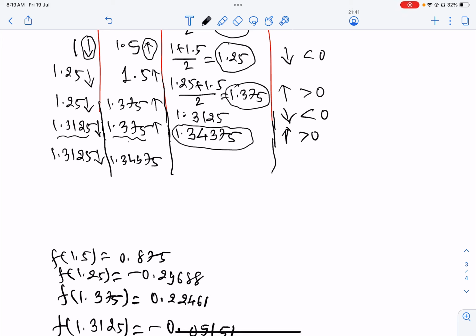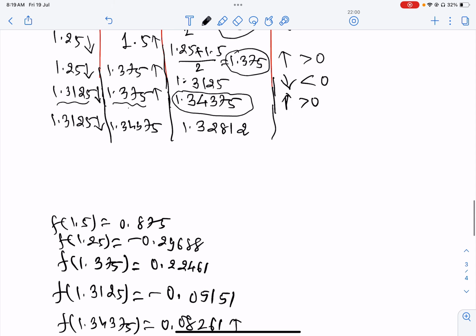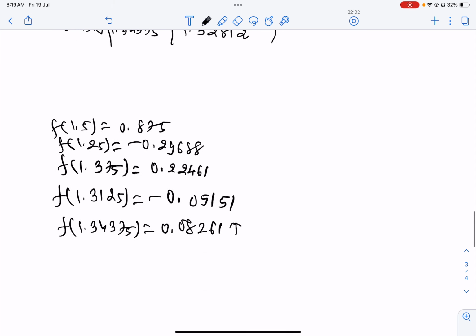And now find the midpoint. 1.3125 plus 1.34375 divided by 2, so we'll get 1.32812.